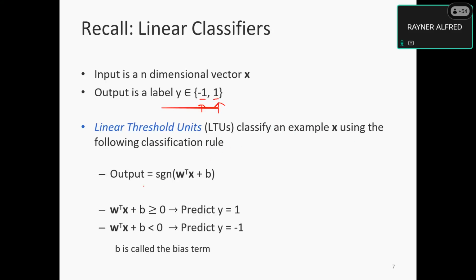They say that if the output is positive, we predict it as a positive sample. If the output is negative, we predict it as negative. So this is 0 or positive.